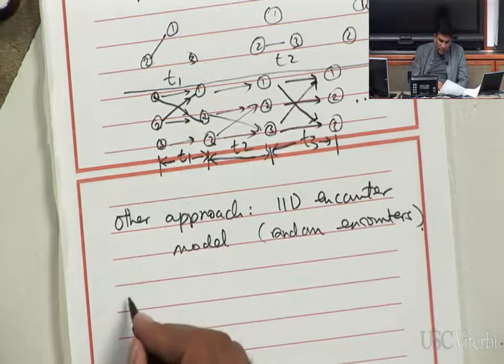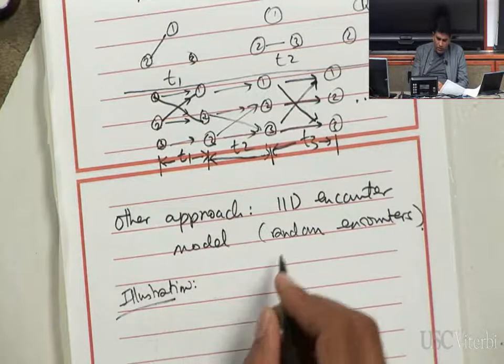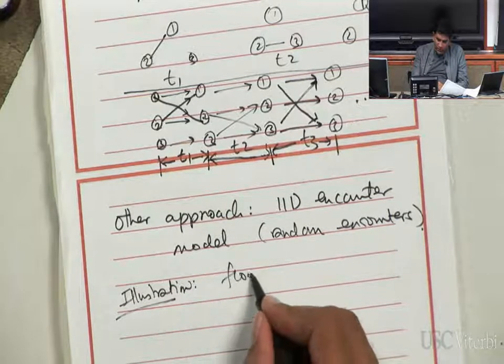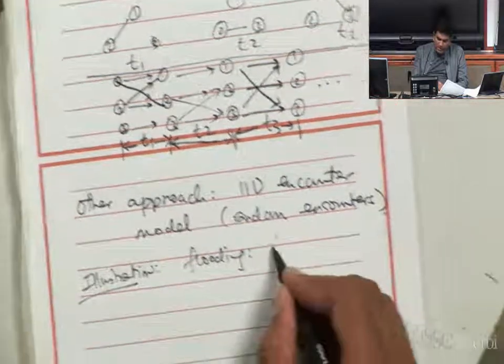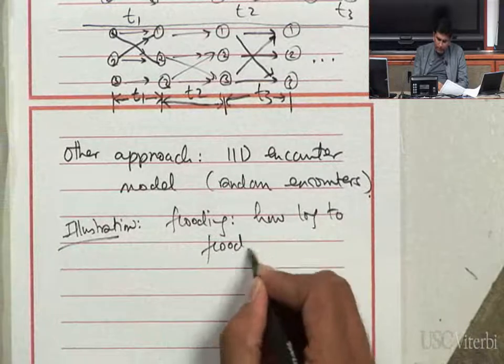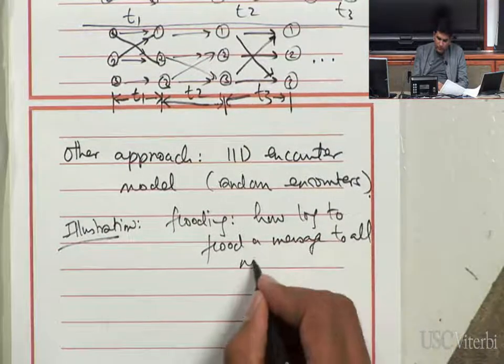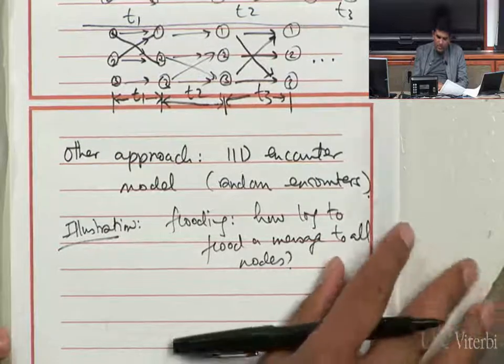And so I wanted to show an illustration of this approach, which is for the flooding protocol. So how long does it take to flood a message to all nodes? Let's say we ask this question and see how we would answer that.